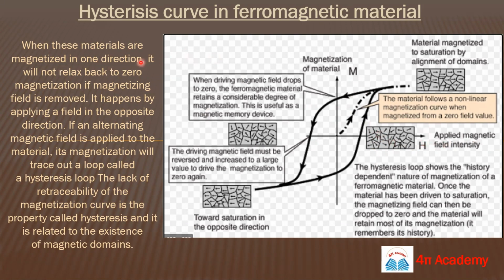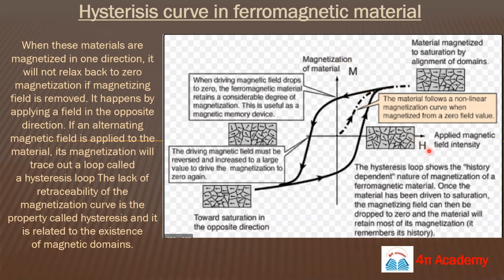But what will be the case if you switch off this magnetic field? Say initially this is your value H, you have applied some value of magnetic field, so the condition will be like this, you will have some spontaneous magnetization in your material.